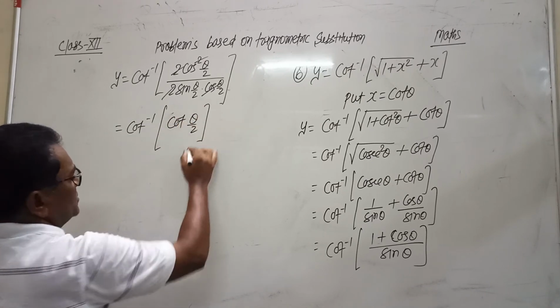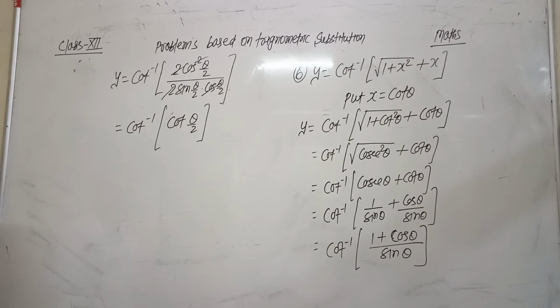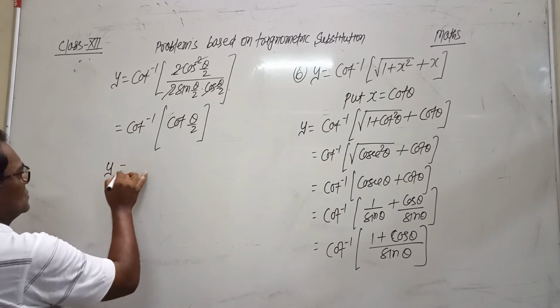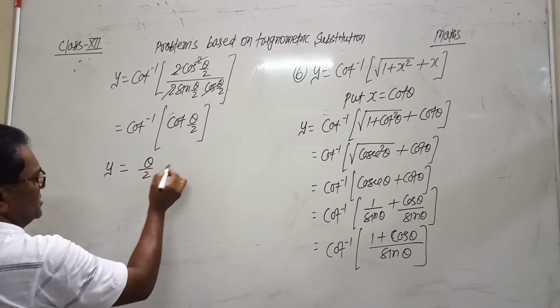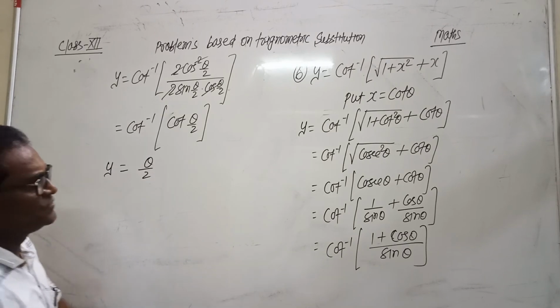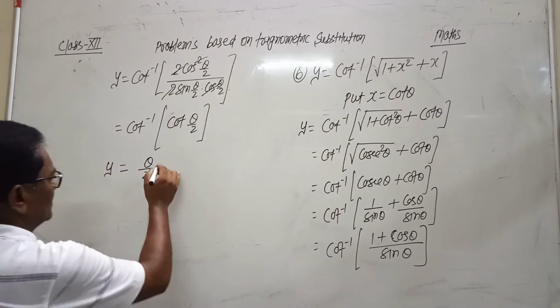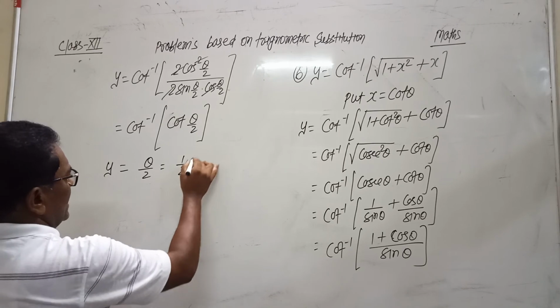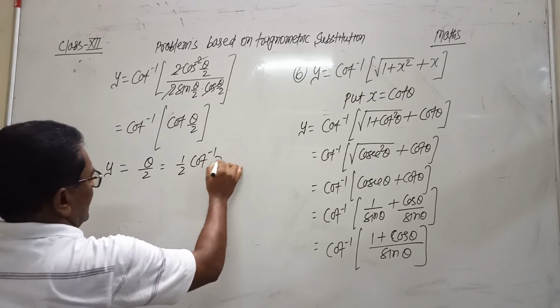This is cot theta by 2. Cot and cot inverse cancelled, so it gives y equals theta by 2, and the value of theta is cot inverse x. So 1 by 2 cot inverse x.